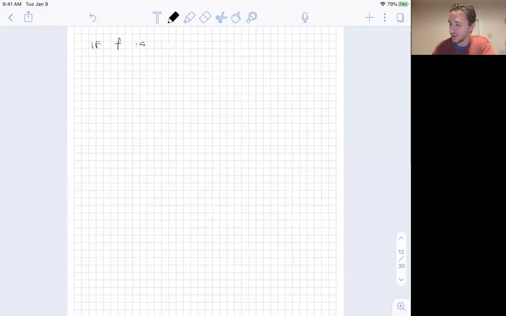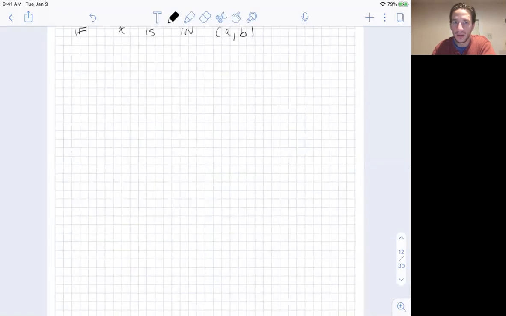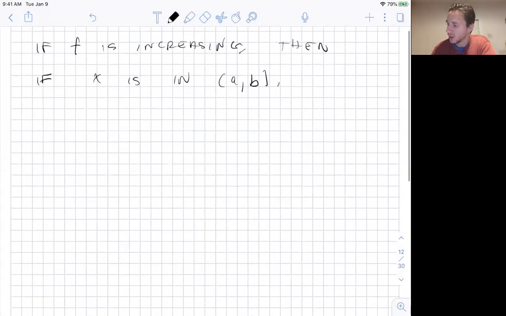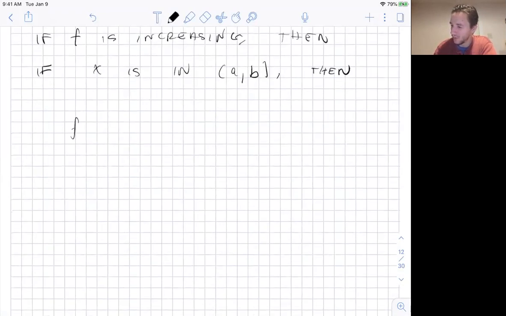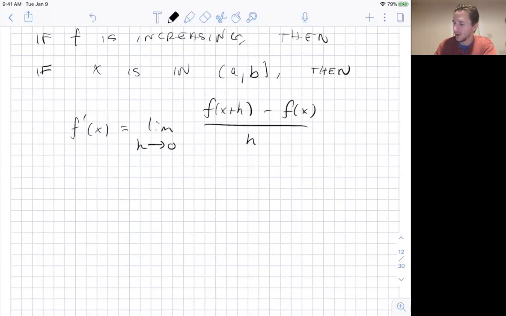If f is increasing, then if x is in the open interval a to b, we have f prime of x, which is equal to the limit as h approaches 0 of f of x plus h minus f of x over h.